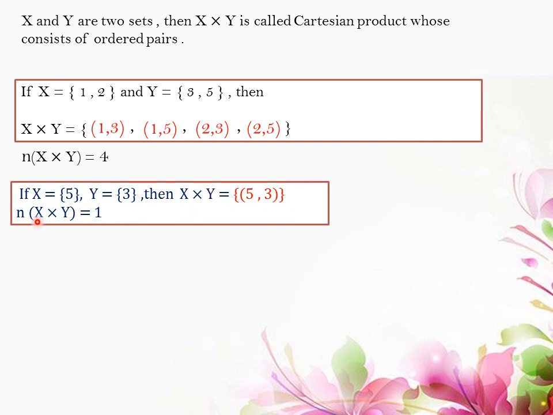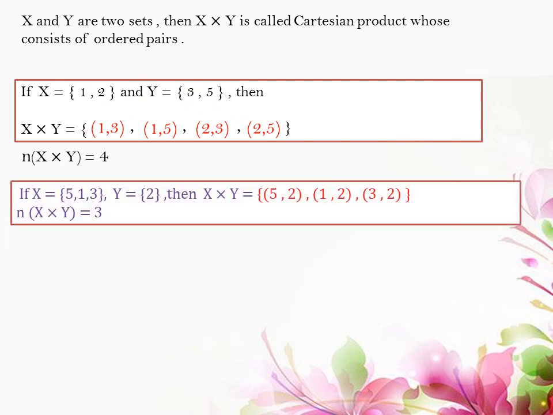We can get the number of elements without the Cartesian product, according to the number of elements of x and the number of elements of y. Now x contains one element and y one element, 1 times 1 equals 1. In the last example, x contains 2 elements and y 2 elements. We multiply them: 2 times 2 equals 4 elements.